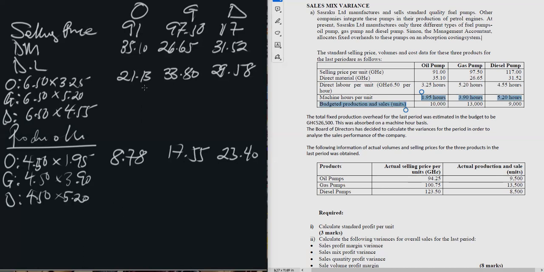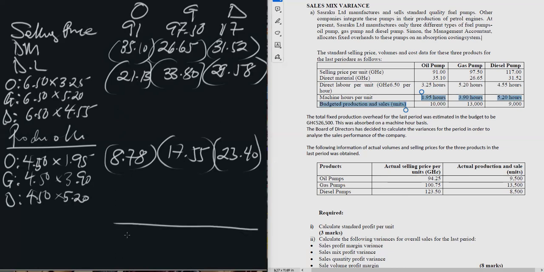Now, if we take all these costs, the material, the labor and the overheads, from the selling price, then we should get the standard profit. And that's the main thing you need for your sales volume variance, right? So your standard profit is the most important thing you need.